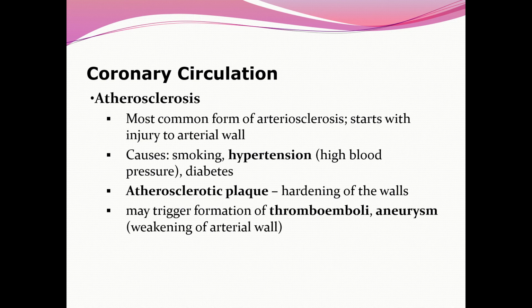An atherosclerotic plaque will form, which is the hardening of the walls. This may trigger the formation of thromboemboli, which can break off and form an embolus. It may also trigger the formation of an aneurysm, which is a weakening of the arterial wall. And eventually it can block the artery itself and cut off blood flow to the heart.